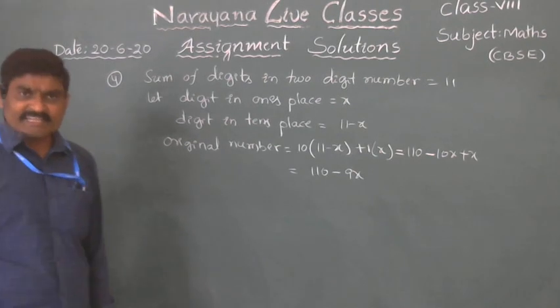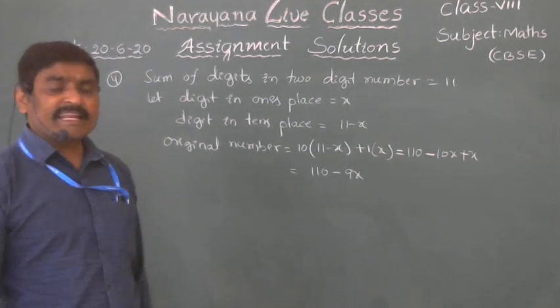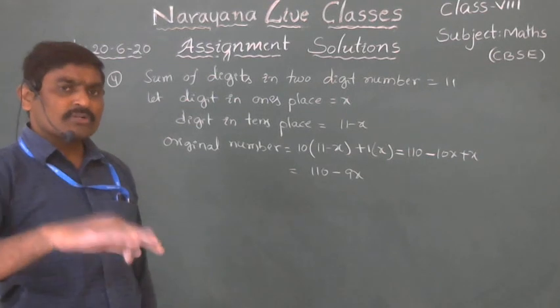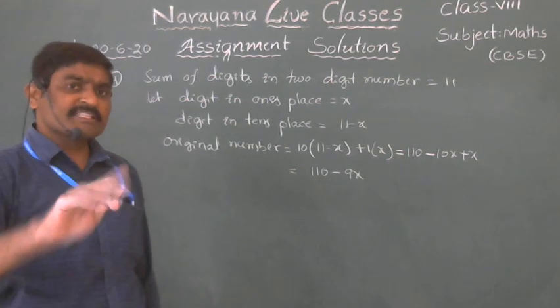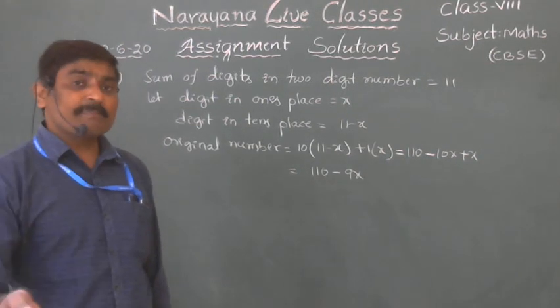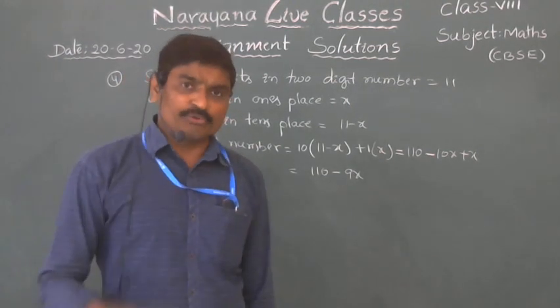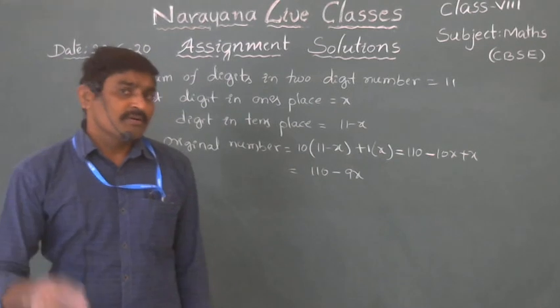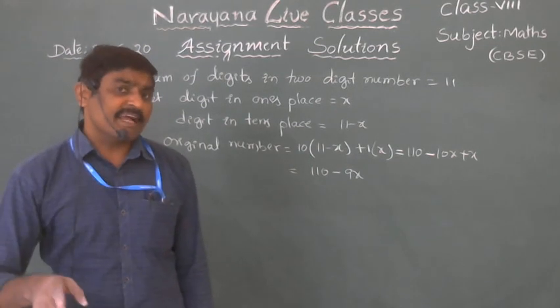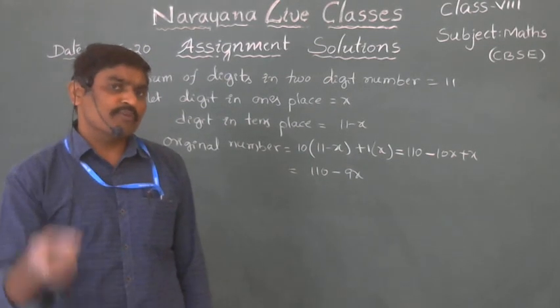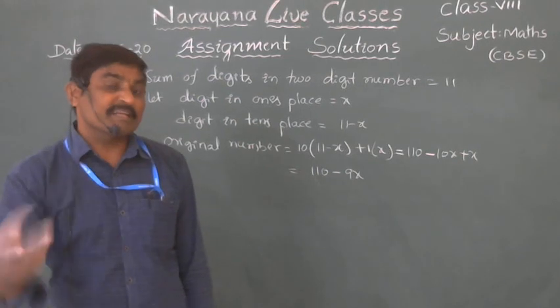If the digits are interchanged, the tens digit goes to the ones place and the ones digit goes to the tens place. This is called the reverse number. For example, 72, when digits are interchanged, you get 27. The tens place goes to the ones place and the ones place goes to the tens place.